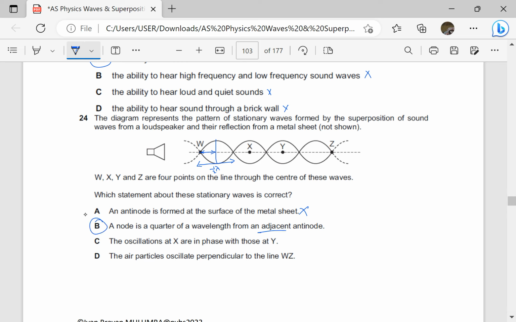So the answer is going to be B. In other words, the distance between two successive node and antinode is always a quarter of wavelength. Then the distance between a node and the next node is half wavelength. The distance between an antinode and the next antinode is also half wavelength.